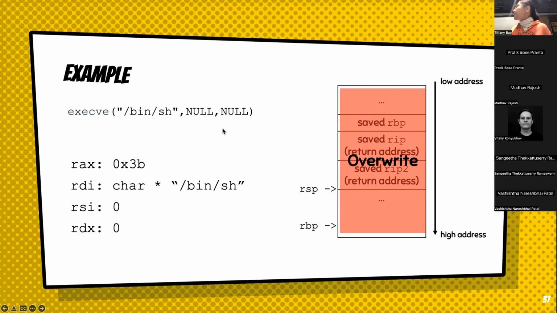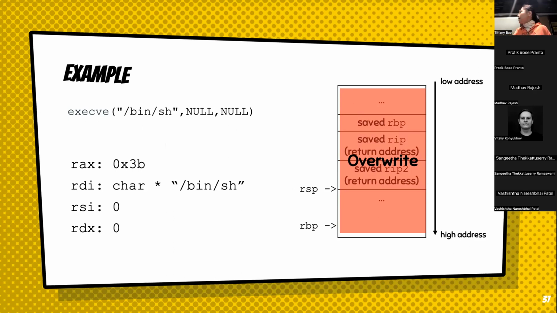Although I'm writing it this way, it doesn't mean I'm calling a function with an address. What I mean is that this is a system call. In this system call, we're gonna pass 3 arguments. The first argument tells the system call that I want you to execute this specific program. The second and third are the argument and environment variable. We just pass null because we don't need to pass anything there.